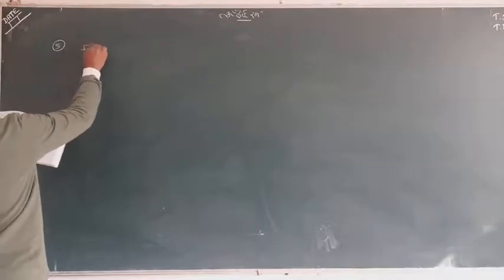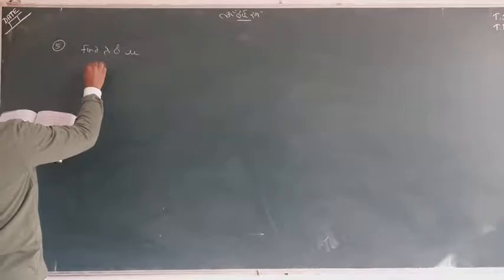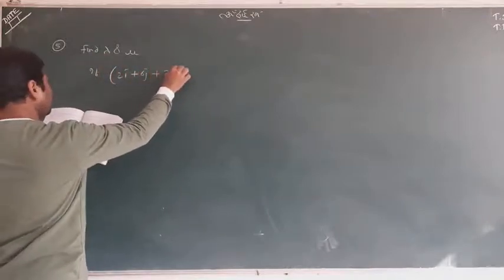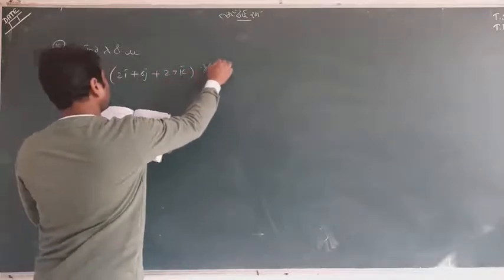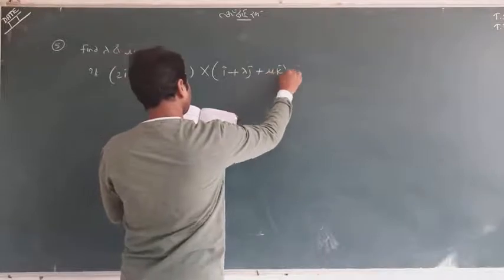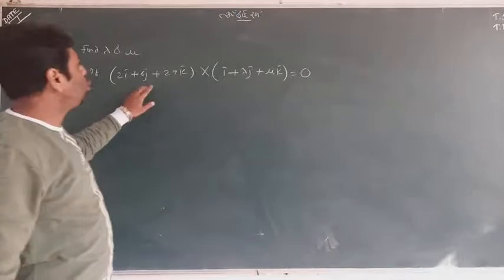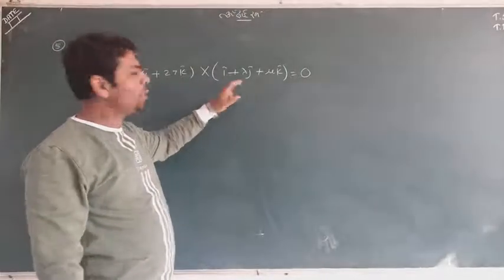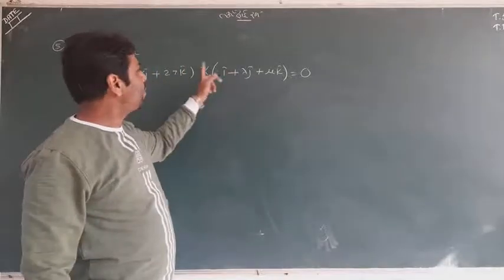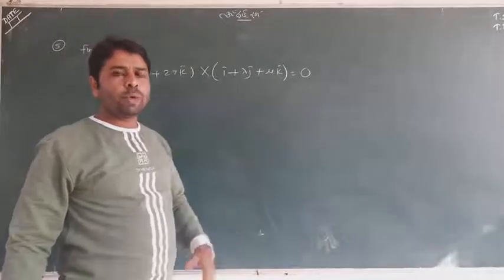Find the lambda and mu if 2i plus 6j plus 27k cross product i plus lambda j plus mu k is equal to 0. This is a very simple question where two vectors are given in i, j, k format. These two vectors have cross product equal to 0, and we want to find lambda and mu. How can we find it? Very easy.